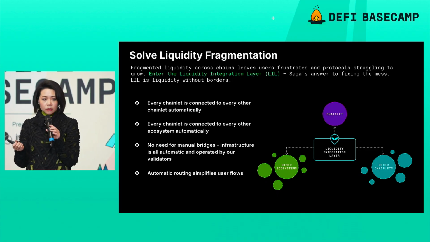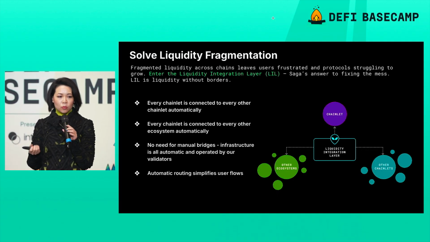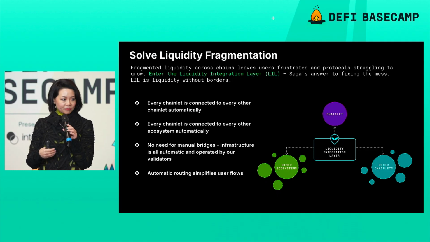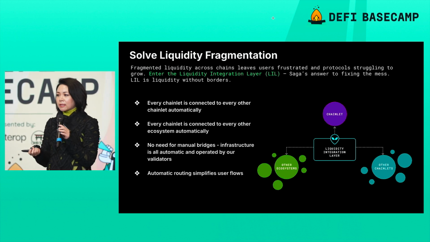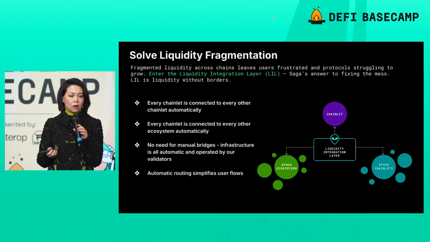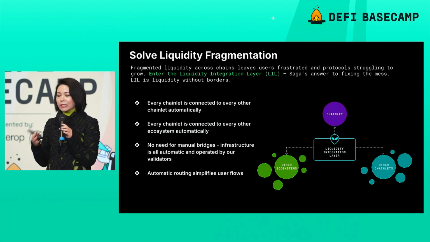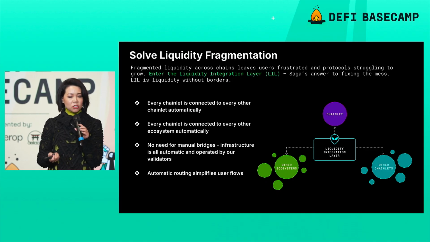So even though it is a natively multi-chain environment, once again, a layer one to launch layer ones, you have the same experience as if you were building on a monolithic layer one. Everything is automatically composable. The message passing that happens in the background is fully standard according to the Saga OS. And this is a way in which you can achieve a fully integrated liquidity environment despite the fact that everything on here is on its own chain.